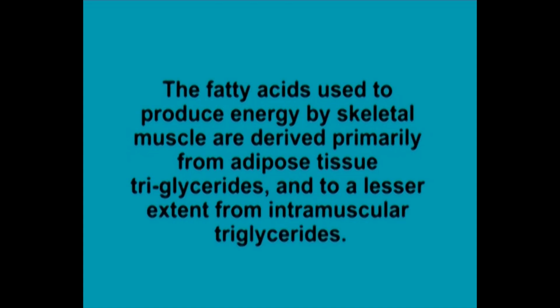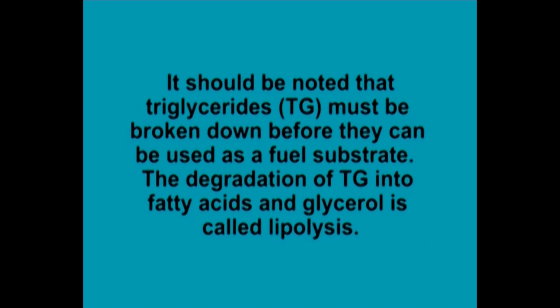The fatty acids used to produce energy by skeletal muscle are derived primarily from adipose tissue triglycerides and, to a lesser extent, from intramuscular triglycerides. It should be noted that triglycerides, or TG, must be broken down before they can be used as a fuel substrate.